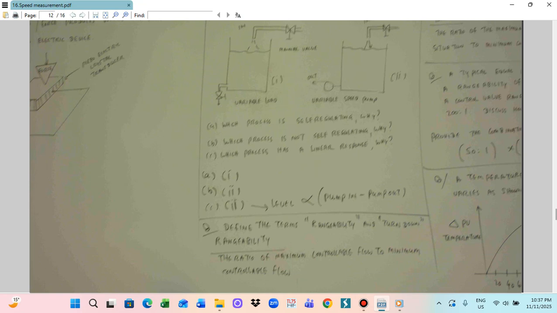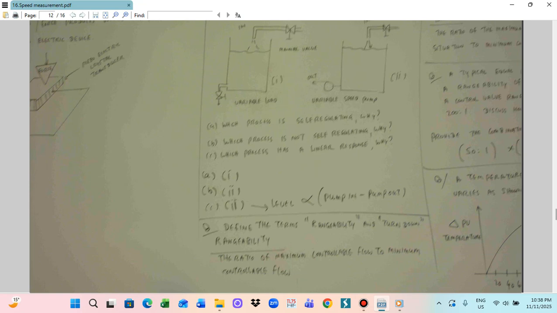So this is called a linear response. For process one, we need a feedback system, because sometimes the level is too high. In this case, the valve cannot open, so it can cause an overflow. So we need to add a feedback system for process one.